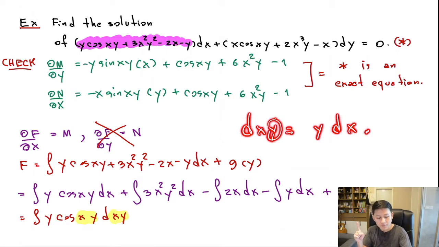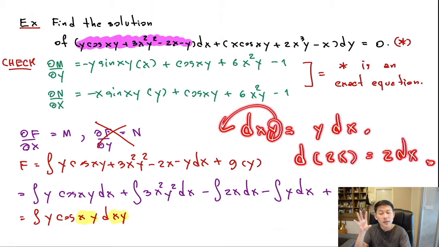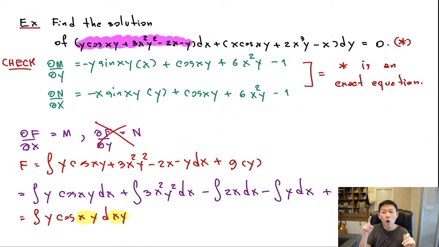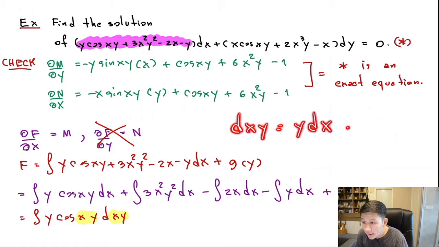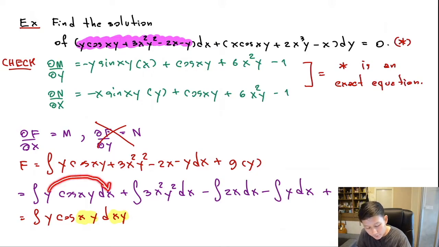It's like d of 2x is 2dx. So what I mean is, in this case, y is just a constant. Right now, when we do partial integration, y is seen as a constant. But guys, d(xy) is y dx. So we need to push this y in there, so this y dx becomes d(xy).